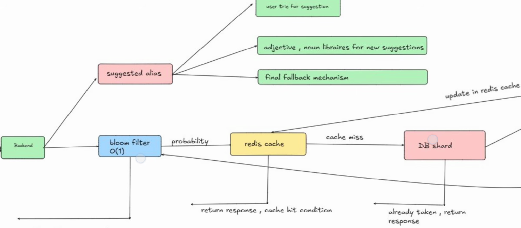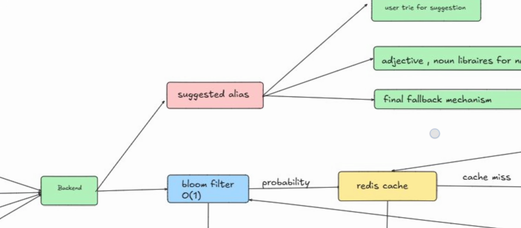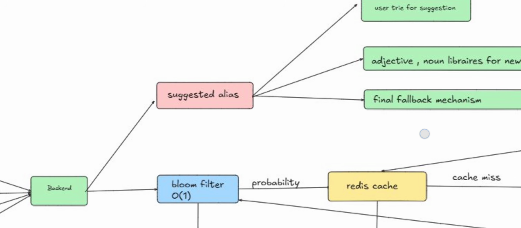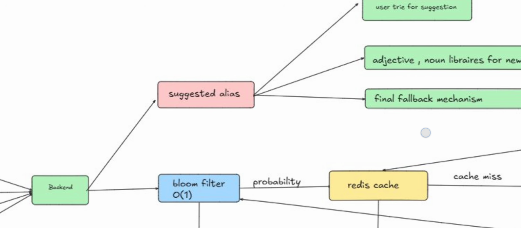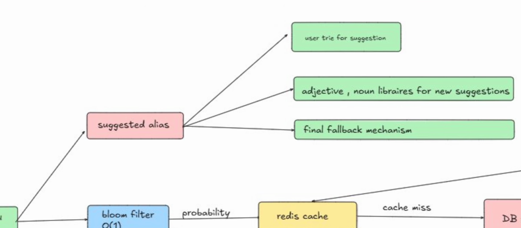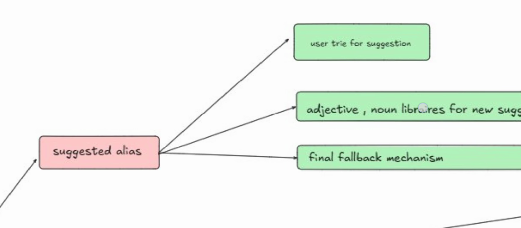Okay, now the last thing remaining is, I said earlier we can suggest aliases as well, right? So what are some algorithms or techniques that we can use to create suggestions? The very first thing is we can use a trie for suggestions. Why am I using a trie?